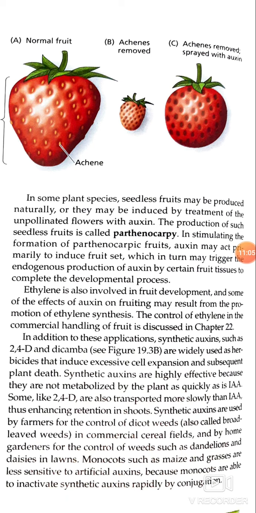Apical dominance is also shown with the auxin hormone, and some synthetic hormones are also used for parthenocarpic fruits, thinning of fruits, etc. So that's it. Thank you, students.